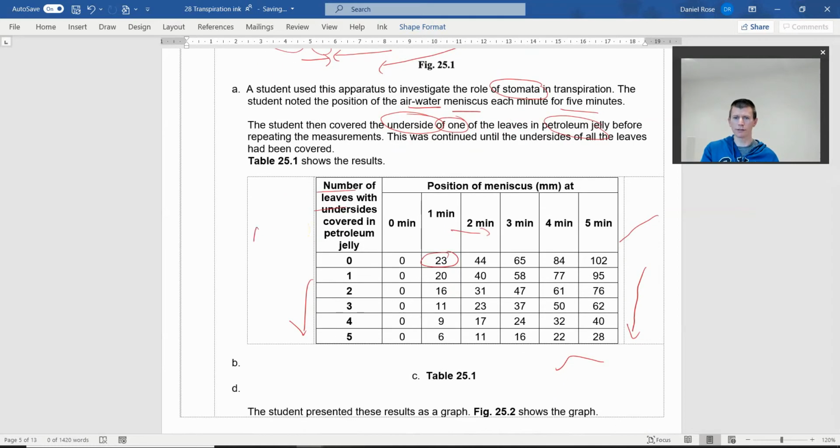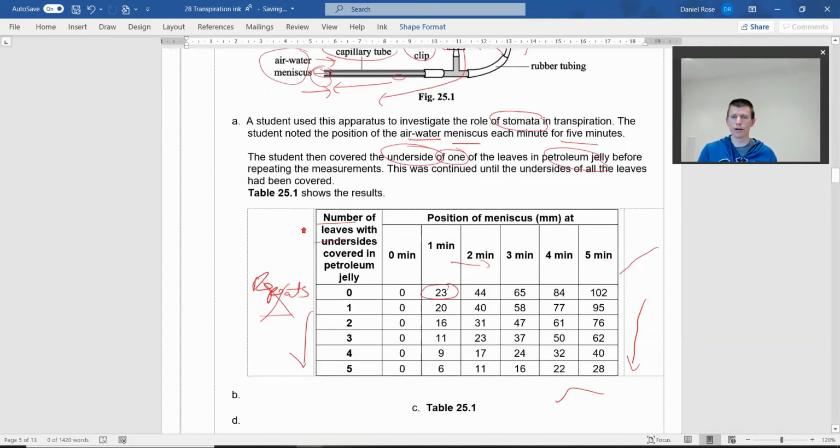There's no repeats, but do repeats lead to errors, or do repeats just show the reliability of the results? So I'm not going to link them with repeats. I don't think repeats is the right answer this time, because that's to me about reliability. If I did it 3 times, would I get 23, 23, 23, or would I get something different? I don't think that's going to help me with errors.